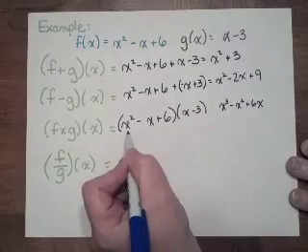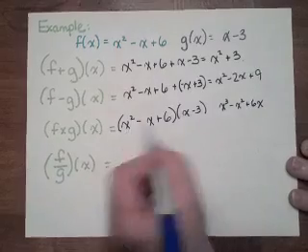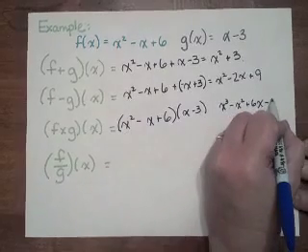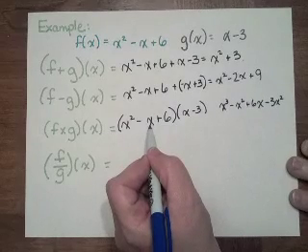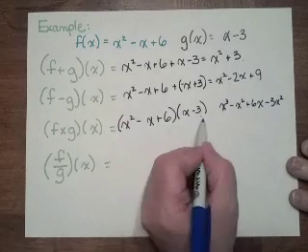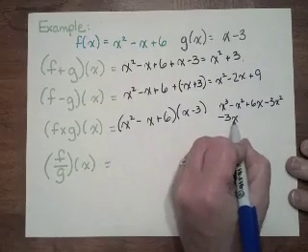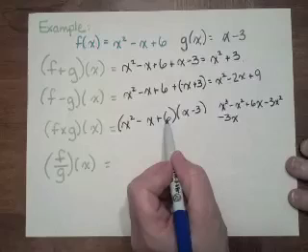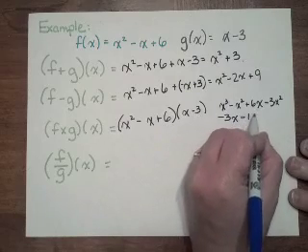And then I go back and do everything with the other term. x squared times negative 3 is negative 3x squared, negative x times negative 3 is positive 3x, and 6 times negative 3 is negative 18.